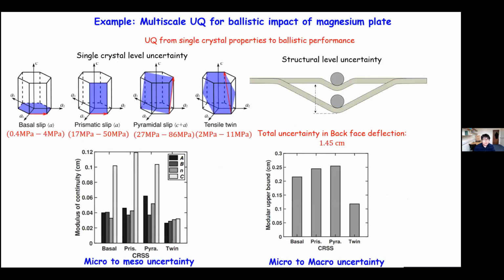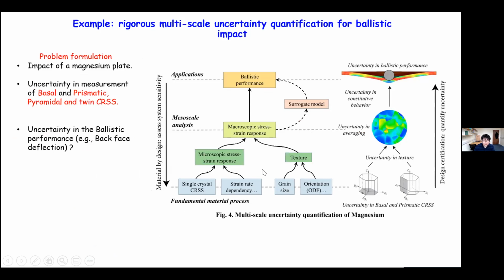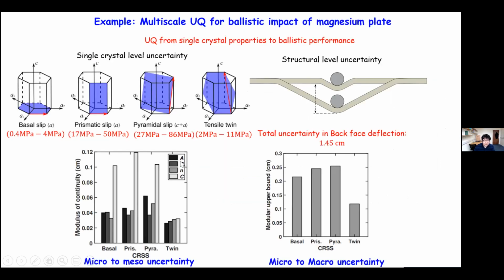Suppose now in the mesoscale we have such uncertainties. We can first compute the modulus of continuity from micro to meso, where the model would be composed of Johnson-Cook parameters A, B, and C.